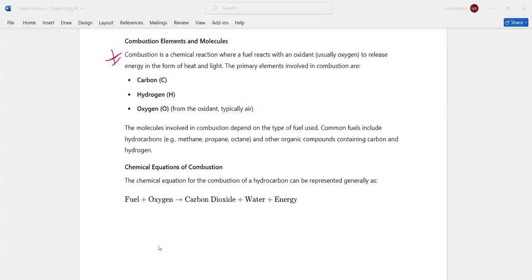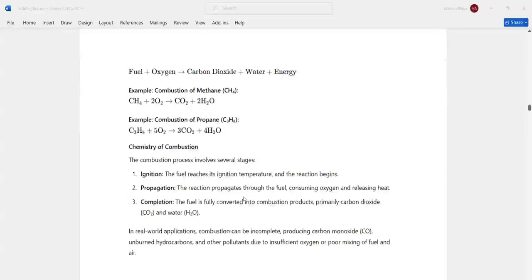That makes fuel. So you add the oxygen, then you produce the carbon dioxide, water, and energy. Look at those reactions for methane, for propane, and you can also do one for butane. Then balance them and see how best you can do if such equations came and required you to make some computations.